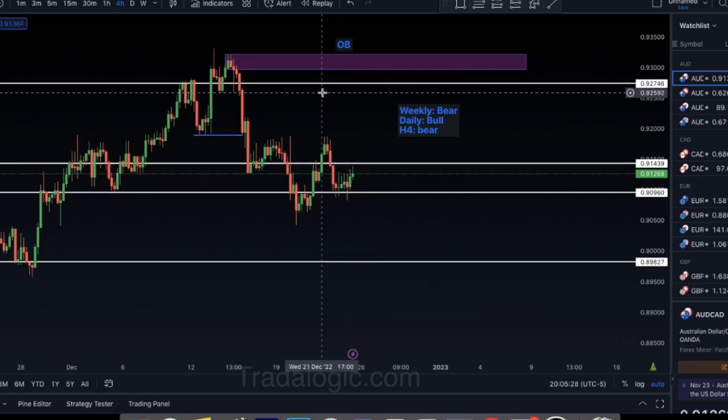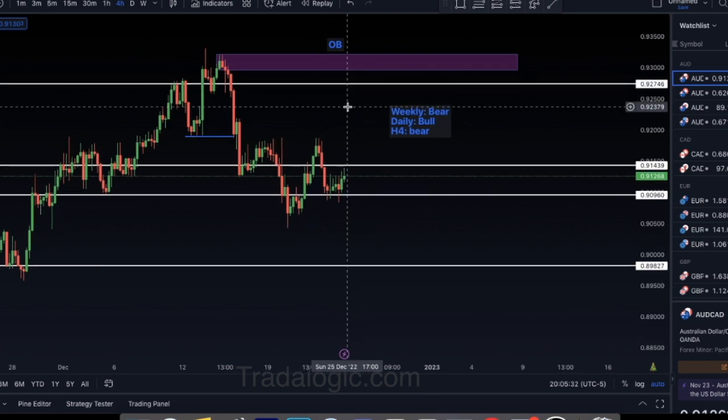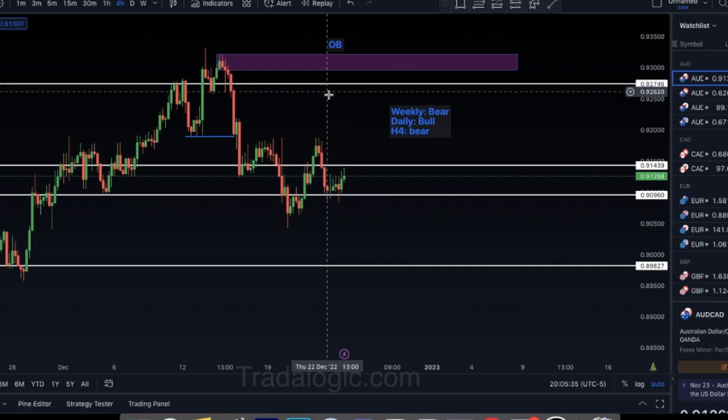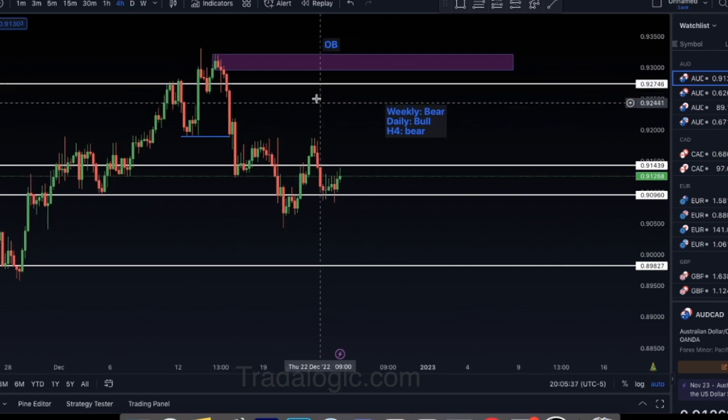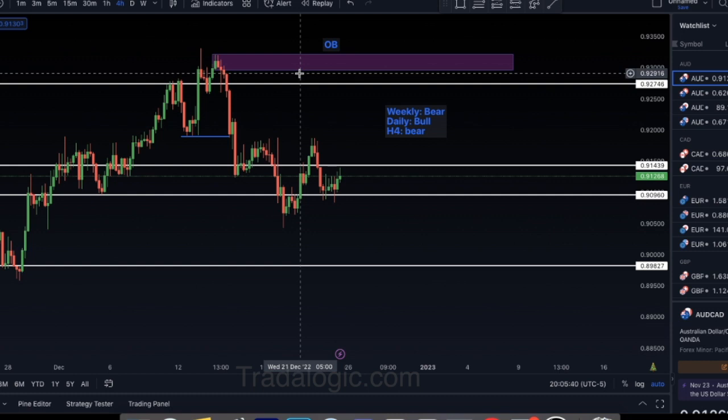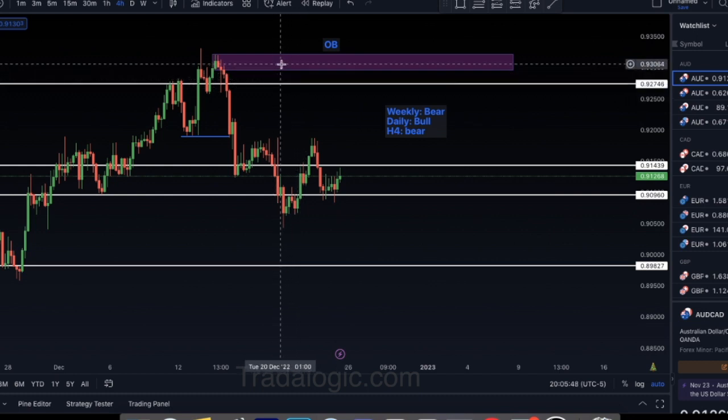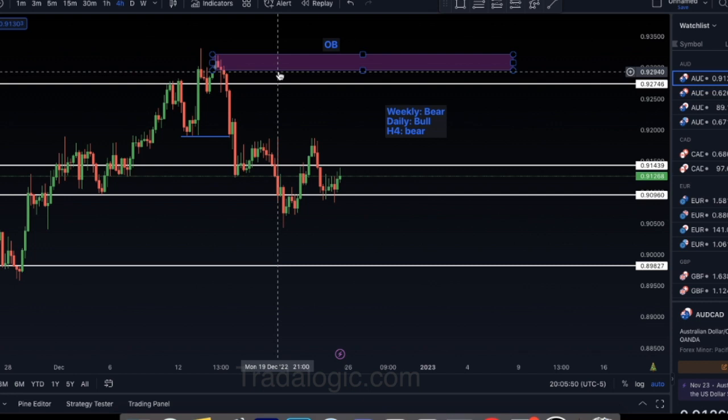I don't know if it's resistance or support, I'm sorry if I'm saying it wrong. So we have our support right here, our resistance right here, and then we have our order block at the same time right there. That's already a confluence. And since we're looking for sales, when the price gets to this level, all we're going to be doing is just looking for sales.